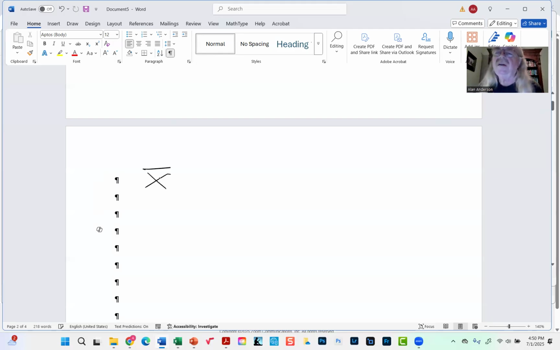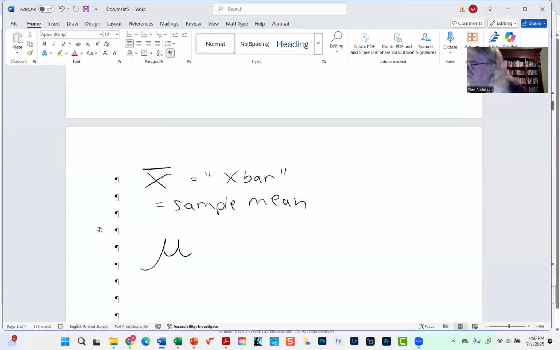X with a little bar on top of it, which we'll pronounce X bar, is the sample mean. Now, for the population, we'll use this symbol, which happens to be the Greek letter mu.